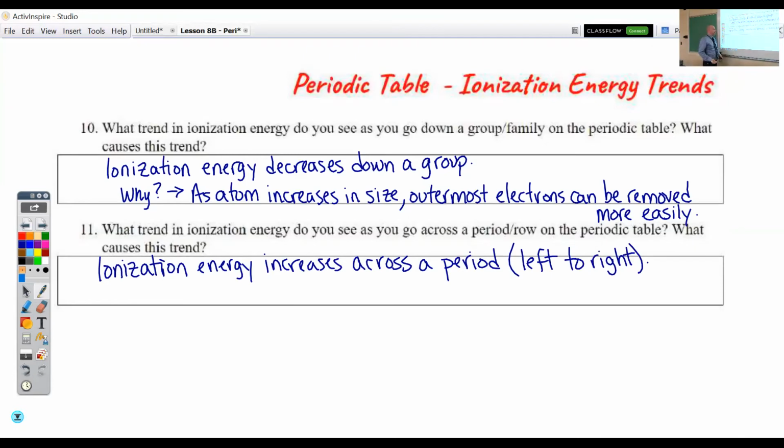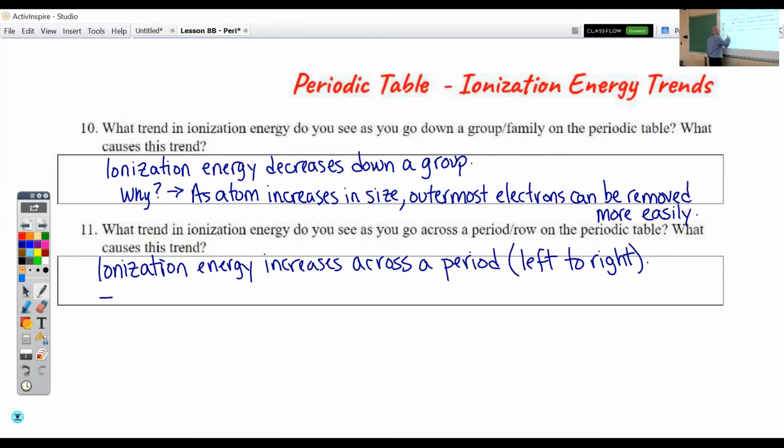Now, why is that? On the left side, you have fewer protons. On the right side, you have more protons. The more protons, the better attraction, the harder it is to remove an electron.